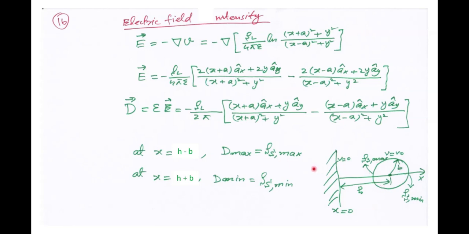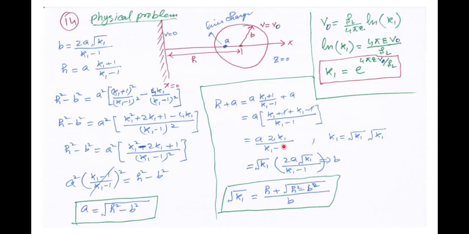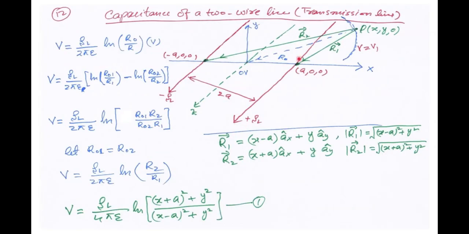So in this problem, what have we actually done? We considered two line charges separated by 2a distance.